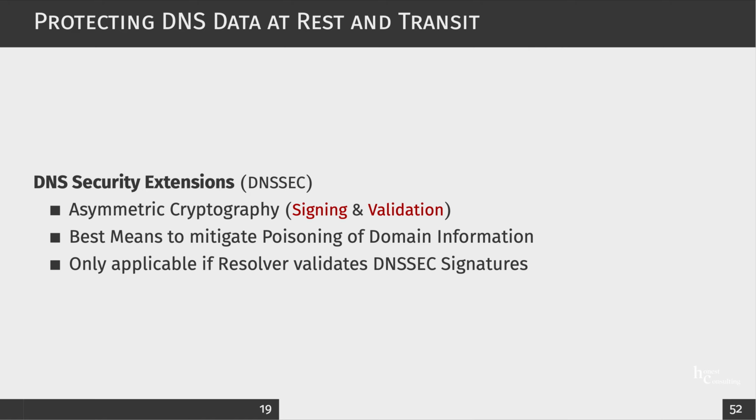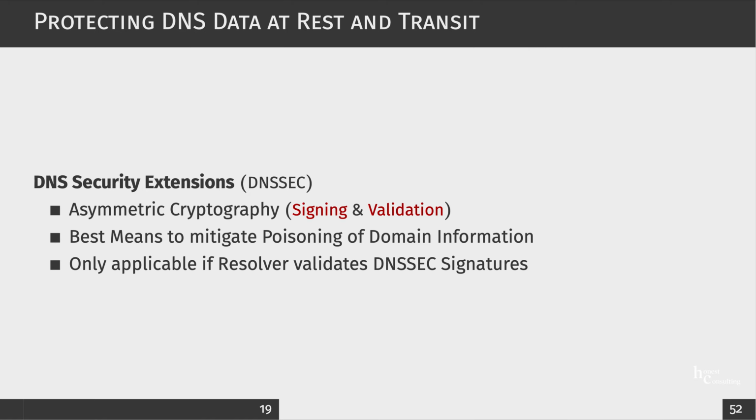So there is authoritative DNS and there is recursive DNS, and the authoritative DNS is signed with DNSSEC, and the recursive DNS is validating these signatures. So these are the main two parts of DNSSEC.